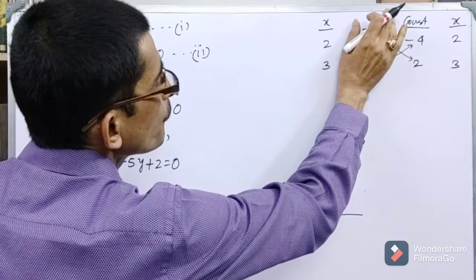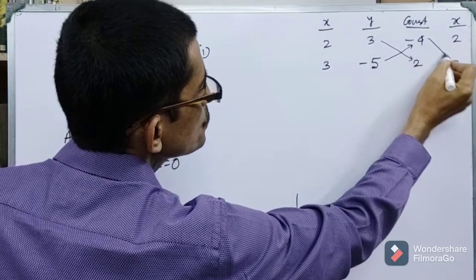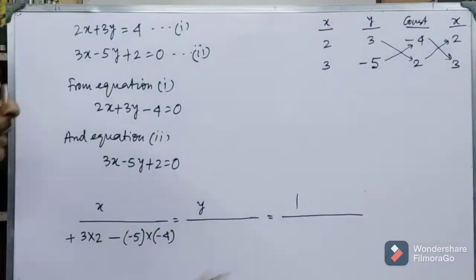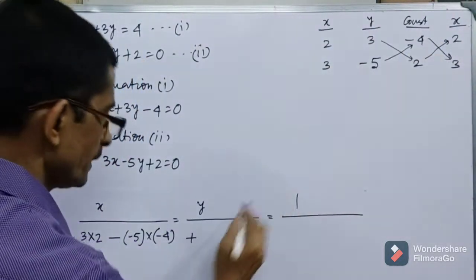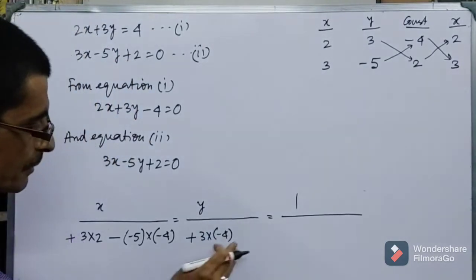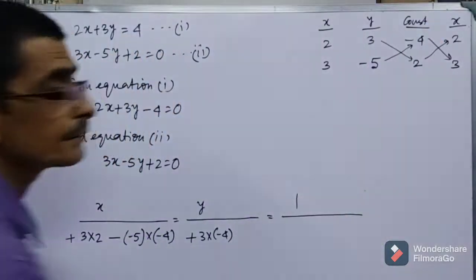Now suppress y, you have this part, multiply these two, downward arrow, multiply those two, upward arrow. Again for downward arrow, plus sign, multiply 3 into minus 4. Whatever be the result should be written after plus sign because the arrow is downward.